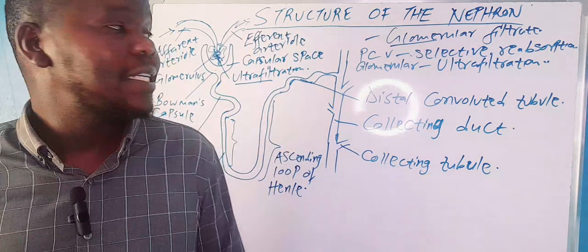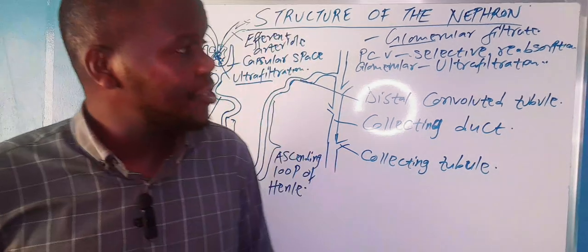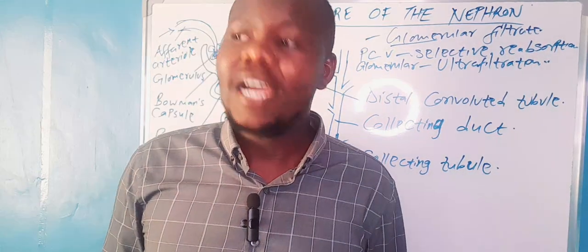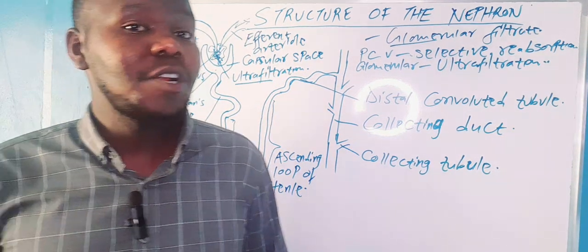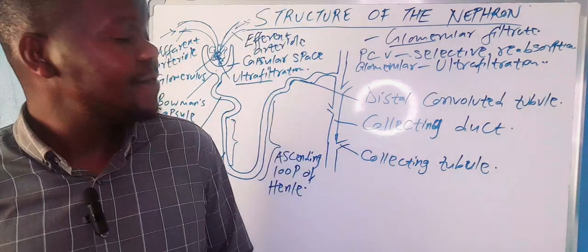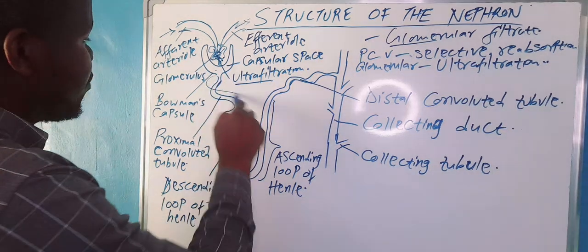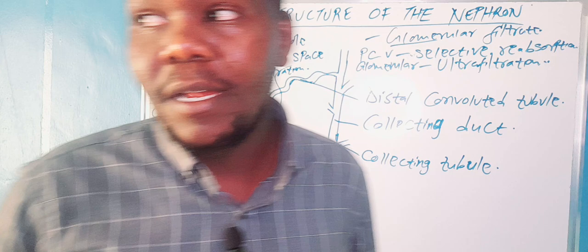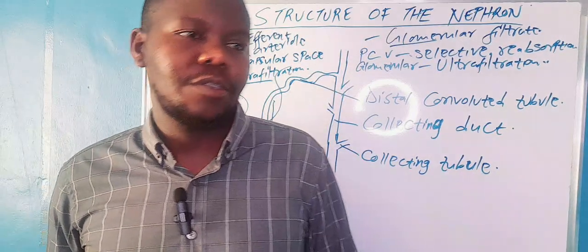Number two, it has a thin epithelium wall to reduce the distance for diffusion of the glomerular filtrate. It has numerous mitochondria to yield more energy for the active uptake of mineral salts. Then it has numerous blood capillaries within the lining. And what's the role of the blood capillaries? It will be transporting those reabsorbed materials.